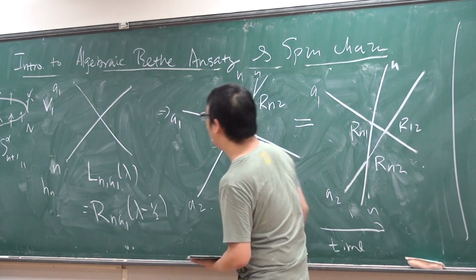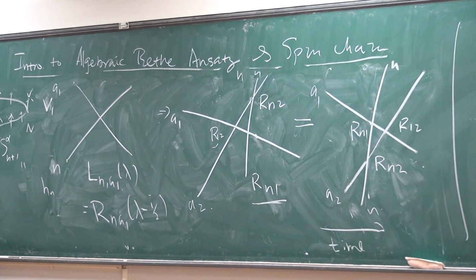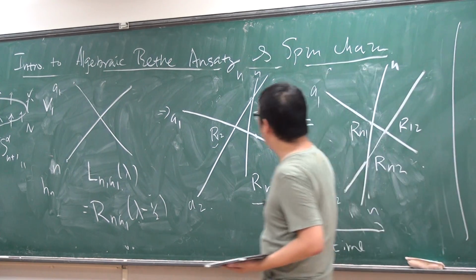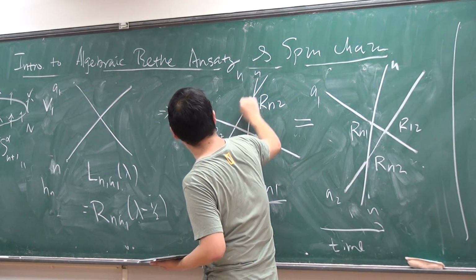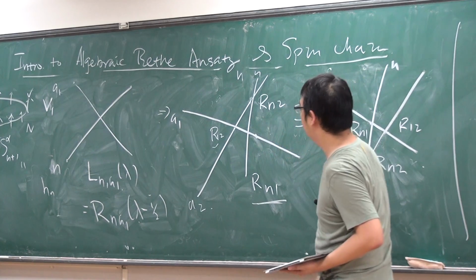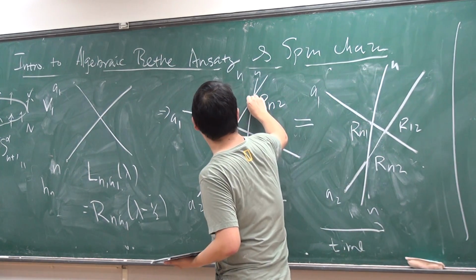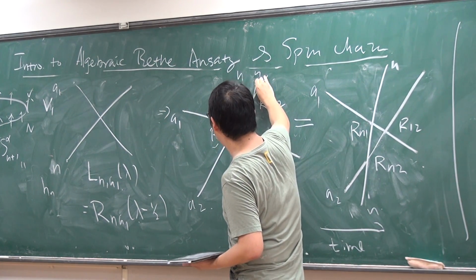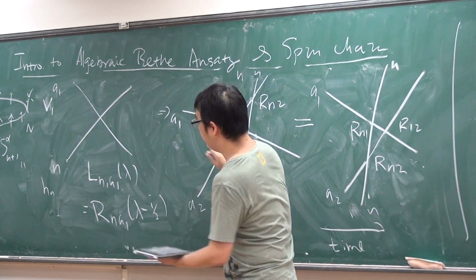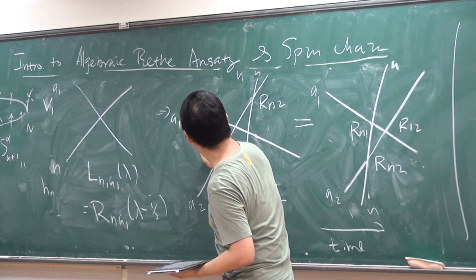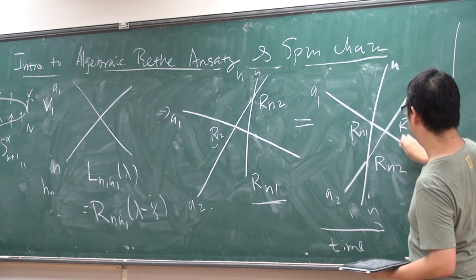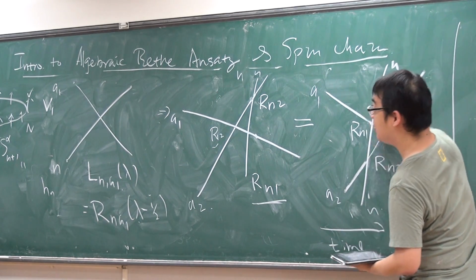Here is the punchline. The best way to say it is that how each auxiliary space exchanges with your physical space n should be independent of whether you exchange the auxiliary spaces first or exchange them after the physical exchange.